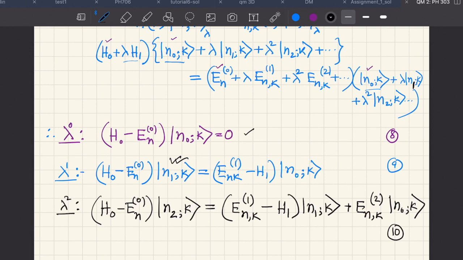You can calculate the state n1k in the part V tilde, but the part in the degenerate subspace Vn cannot be calculated using equation 9 only. We will need equation 10 too. Maybe we can discuss this later, but maybe not in this class.